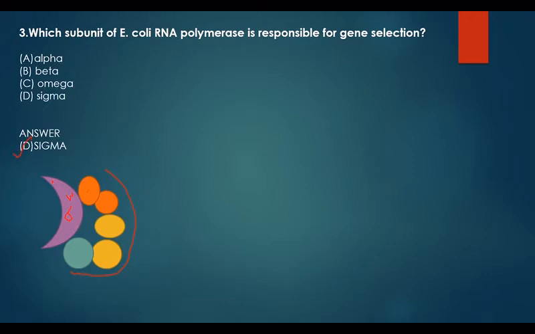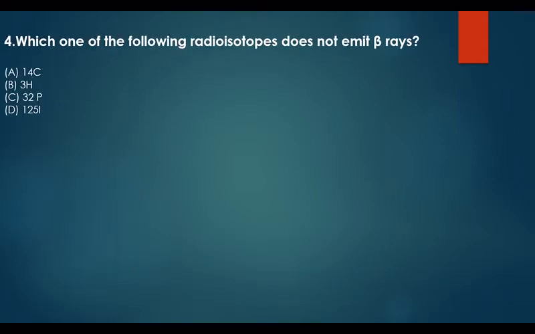So next is, which one of the following radioisotopes does not emit beta rays? So here, what are beta rays? Beta rays are produced on radioactive decay of an atomic nucleus. It can be either an electron or a positron. So that atom will decay by emitting beta rays.